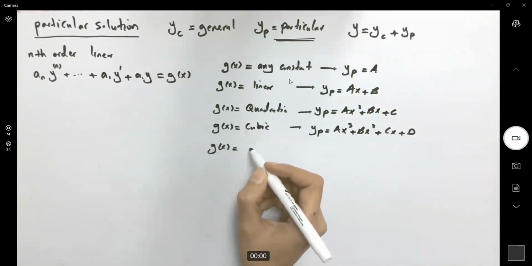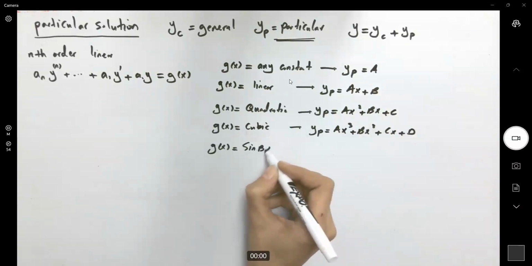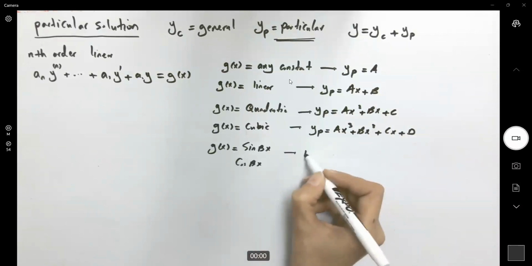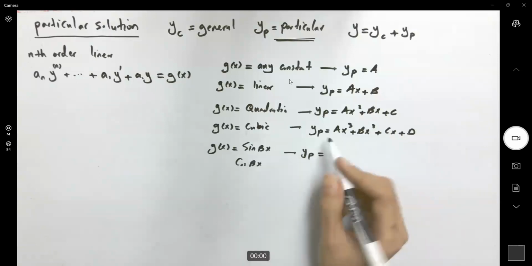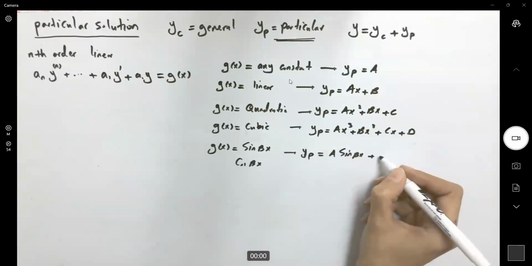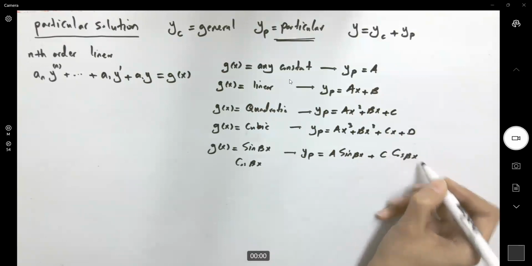If g of x is, for example, sine of bx, or if it's written as cosine of bx, then the particular solution is a combination of sine and cosine. We get A sine of bx plus, for example, C cosine of bx.